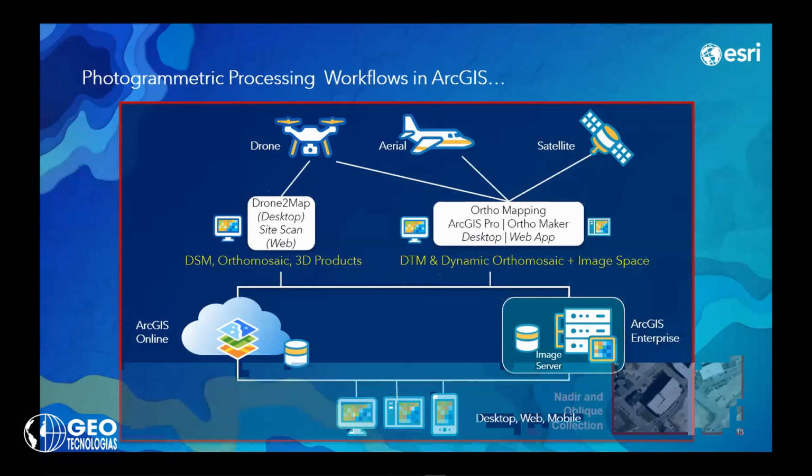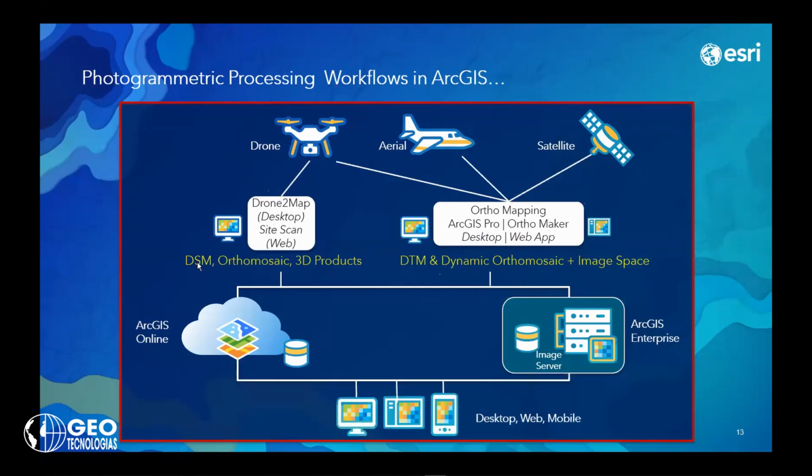So here's how the workflows are distributed in ArcMap and ArcGIS Pro. You have drone data, aerial data, and potentially satellite data. The drone data goes directly to drone to map on the desktop or to site scan in the web. And using those tools, you're able to extract DSMs, orthomosaics, and other 3D products.